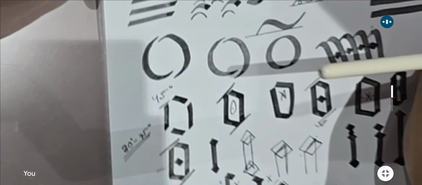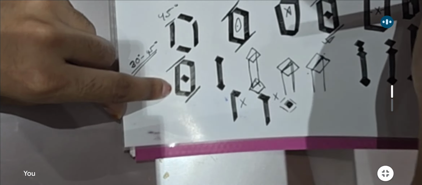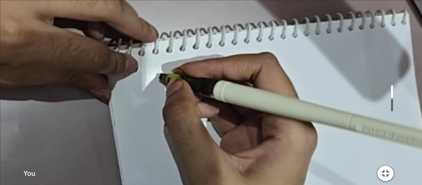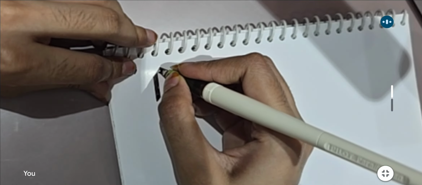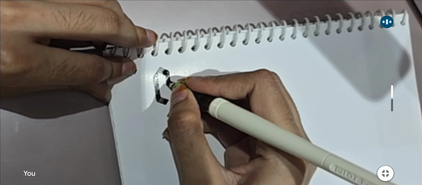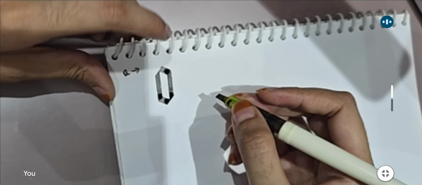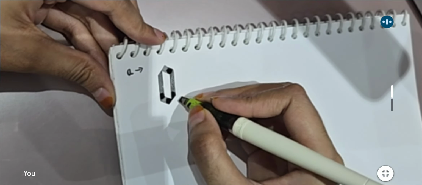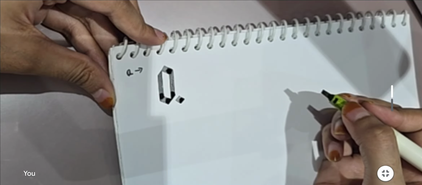How to make this one? Exactly the same as we did over here. This square box, not the square actually, rectangular box kind of. So first make this one a straight line, then a little bit slant line. Connect them. After connecting them, what you need to do is add an exit stroke like this, like a diamond.